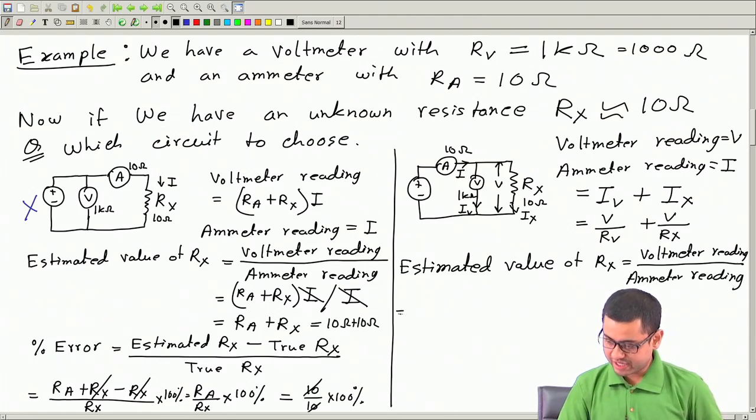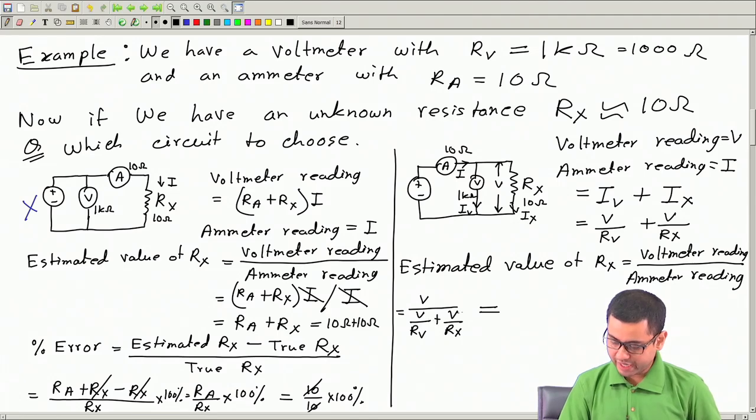And this we can write as voltmeter reading, which is V, divided by ammeter reading, which is this quantity, so V by RV plus V by Rx.